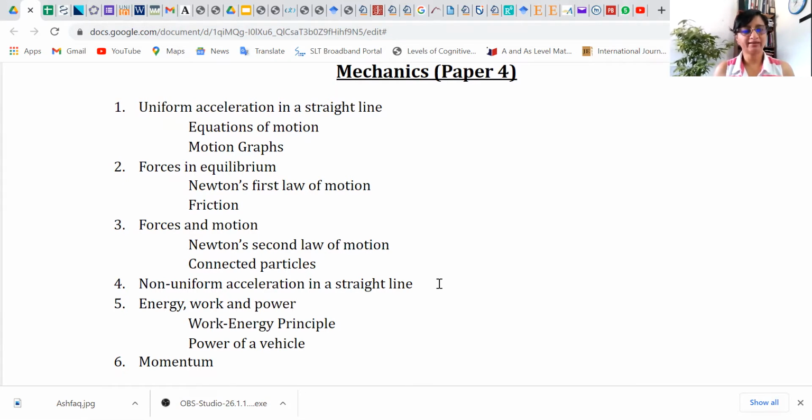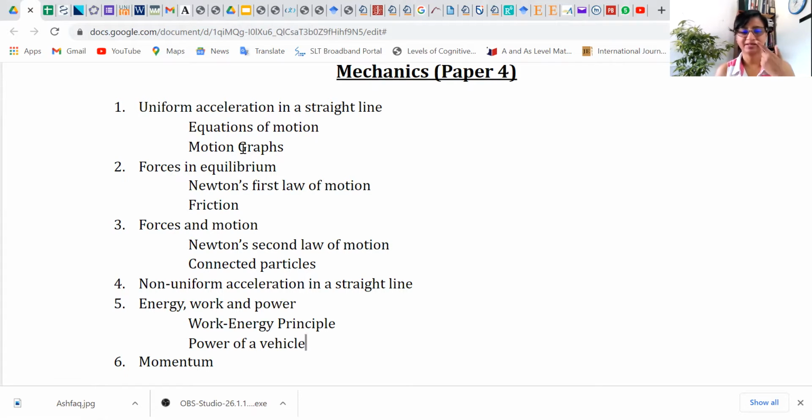As you saw in the syllabus, it's just 5 topics, but we have broken it down to 6 topics. The main 6 topics are uniform acceleration in a straight line, forces in equilibrium, forces and motion, and then non-uniform acceleration in a straight line, then energy, work and power, and finally momentum.